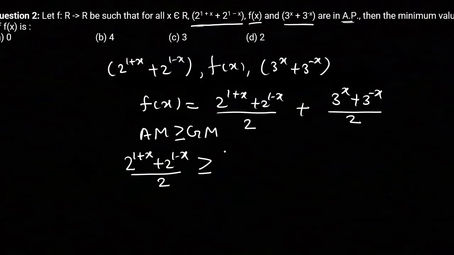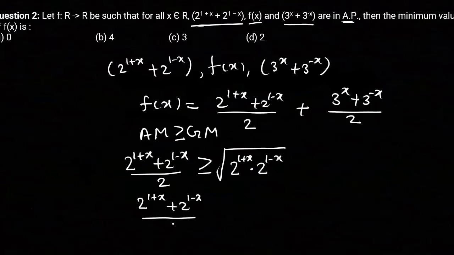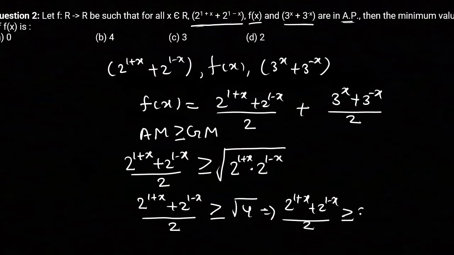So we can say this geometric mean will be 2 raised to the power 1 plus x into 2 raised to the power 1 minus x. So this will become 2 raised to the power 1 plus x plus 2 raised to the power 1 minus x upon 2 is greater than or equal to 4, it means 2.